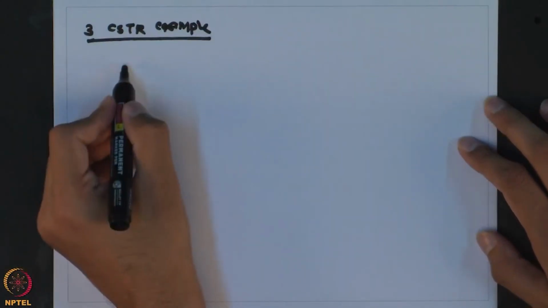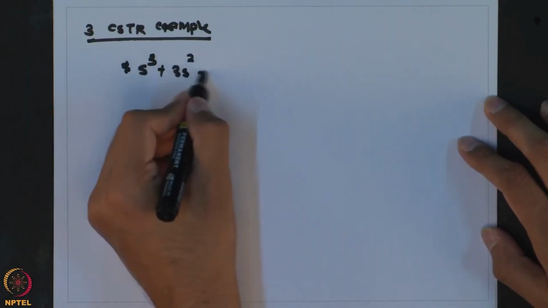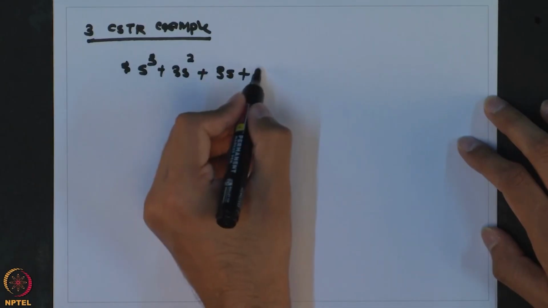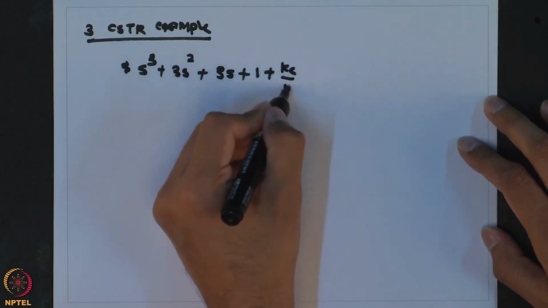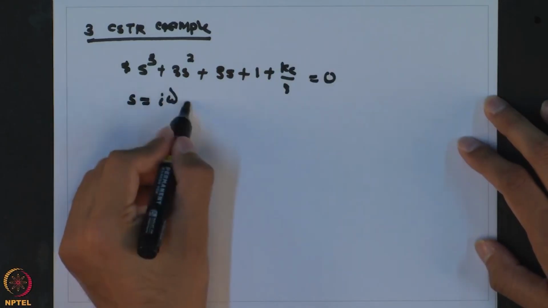For which the characteristic equation was s cube plus 3s square plus 3s plus 1 plus Kc over 8 equal to 0. So, now we substitute s equal to i omega.